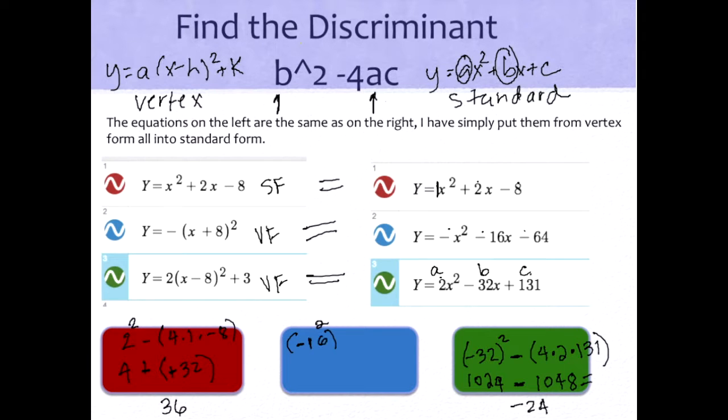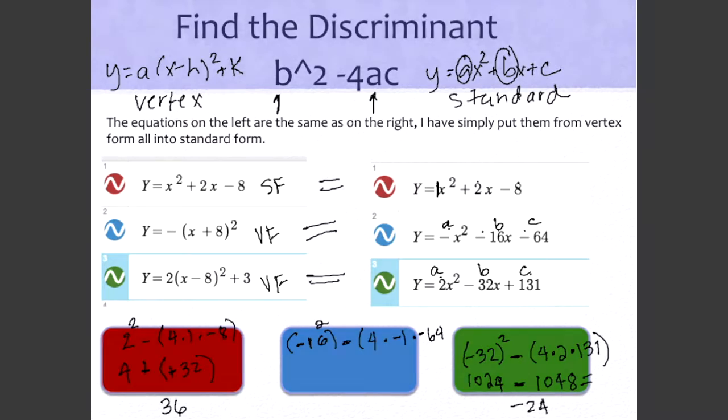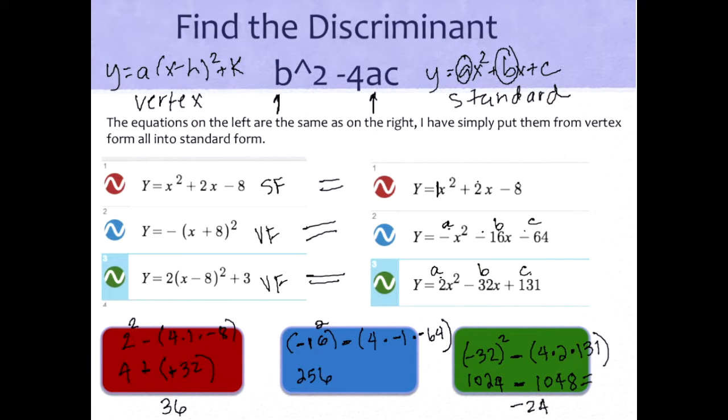So B squared would be -16 times -16. That's B squared. This is B. Here A is -1, C is -64. So B squared minus 4 times -1 times -64. 16 squared is 256.